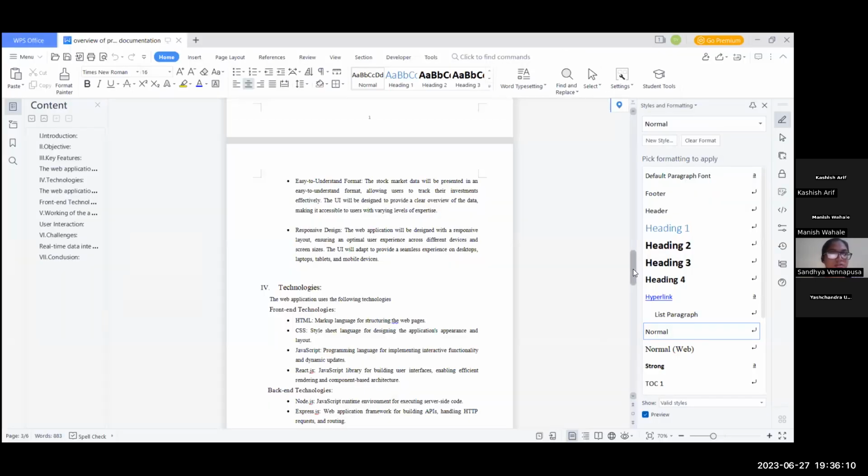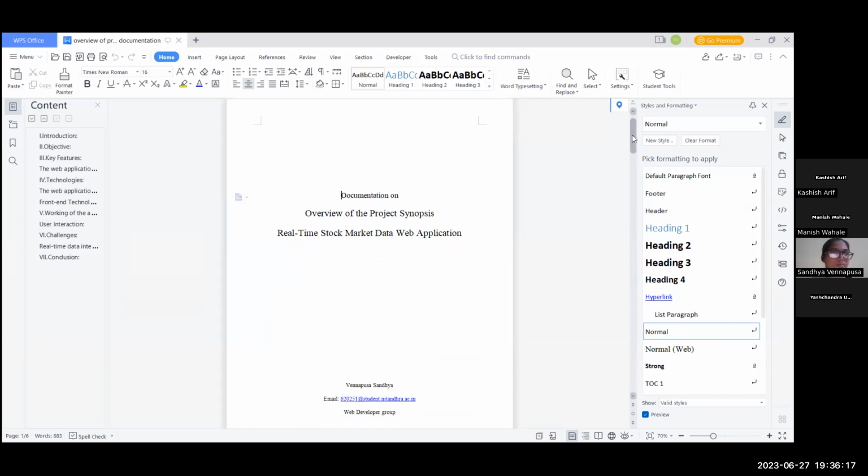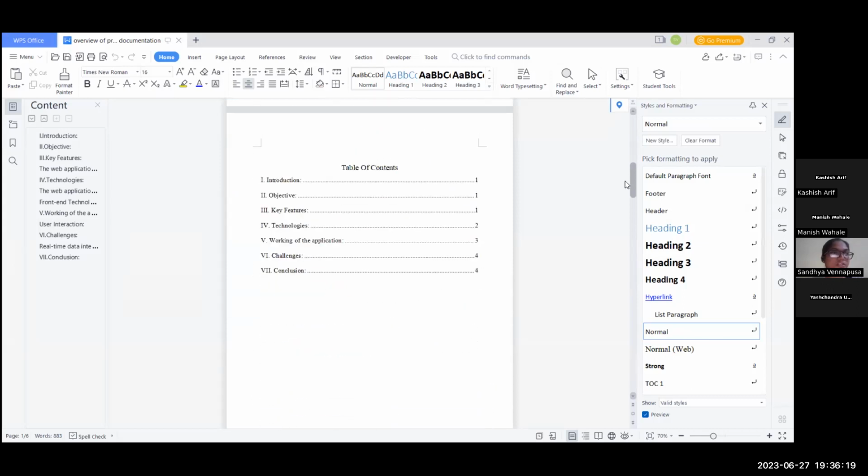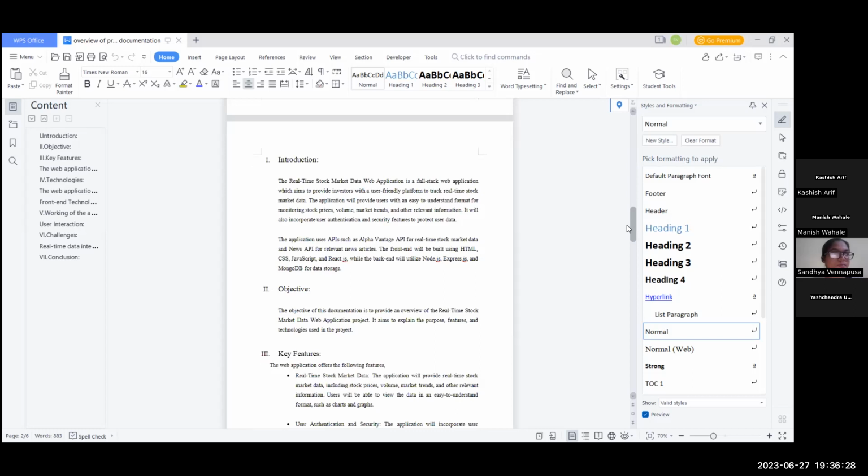Is it visible now, sir? Yeah, it is visible. This is the documentation I prepared. The table of contents, introduction, objective, key features, and technologies, working of the application, challenges, and then conclusion.